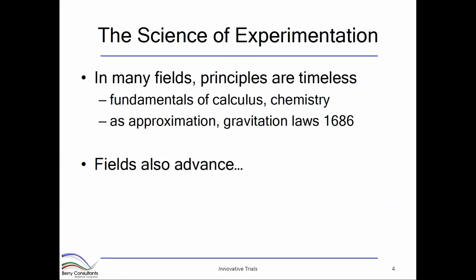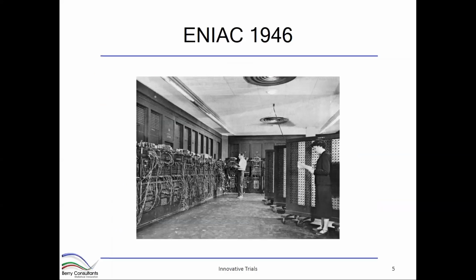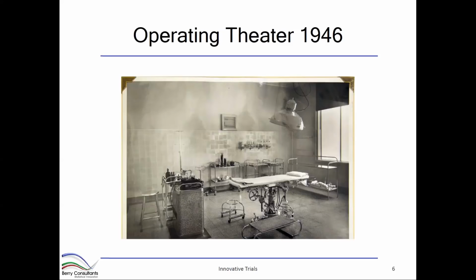And here are some examples of other things that were going on in 1946. So this is a computer. This is ENIAC in 1946. Obviously it has a lot of the fundamentals of computing, but it really doesn't look like a modern computer, which in this room, for example, now fits easily on your desktop, much smaller than that. This is an operating theater in 1946.